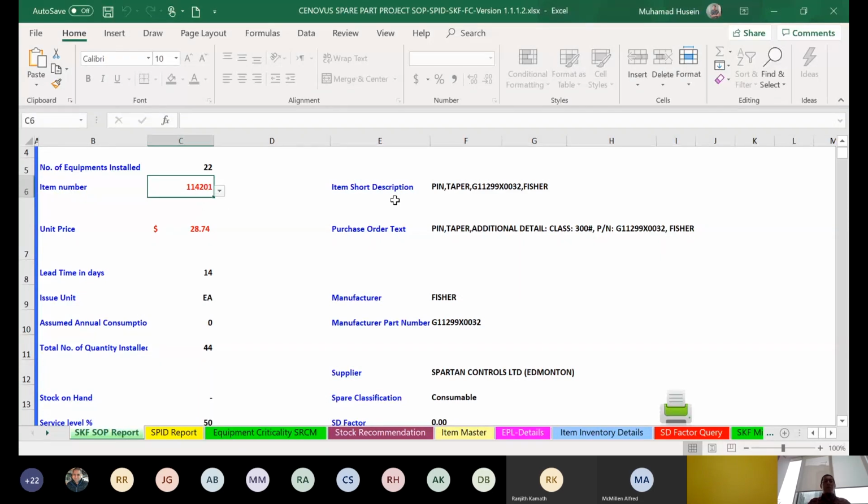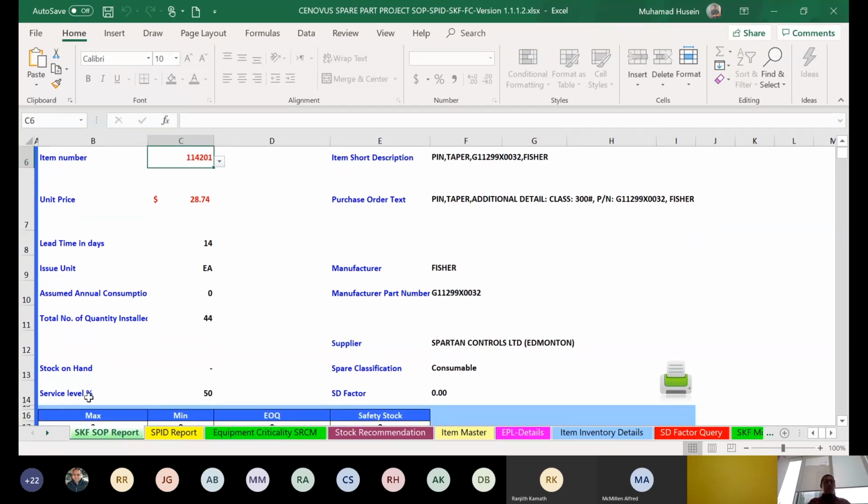So this item represents the pin, taper pin. Okay, and then you also see here the service level, and because the customer uses SAP, we provide the short description and also the long text description. So the manufacturer and the supplier and spare classification, as well as the safety deviation factor.